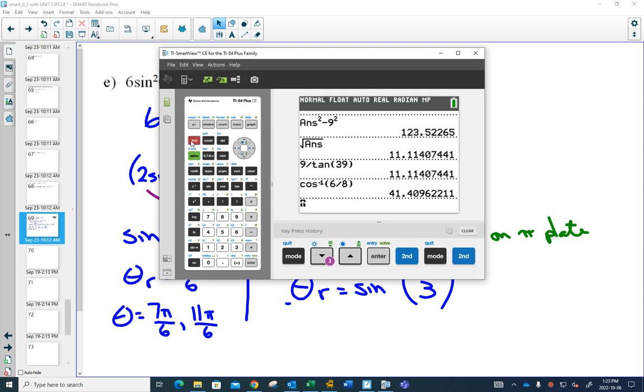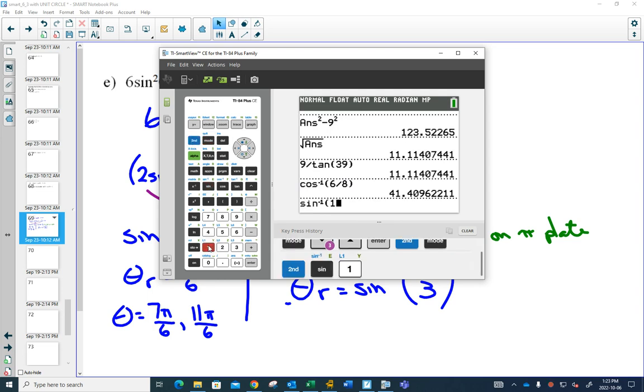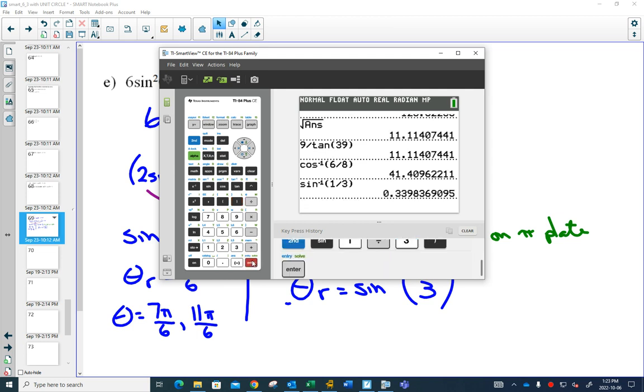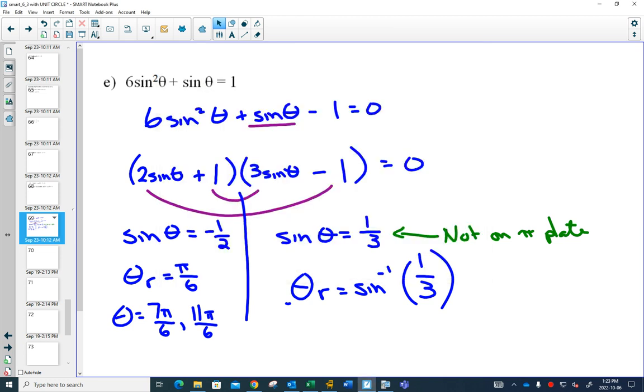And now I go sine inverse of 1 divided by 3. My reference angle is, you know you've done too much math if you know this one, 0.34. Yeah, I've done too much math. 0.34 is our reference angle.